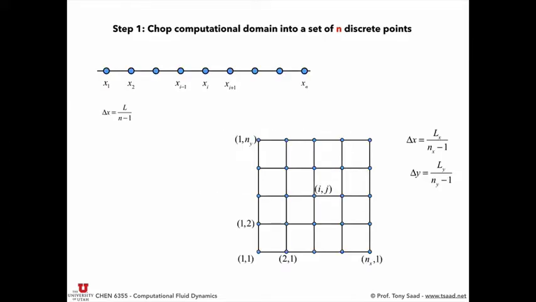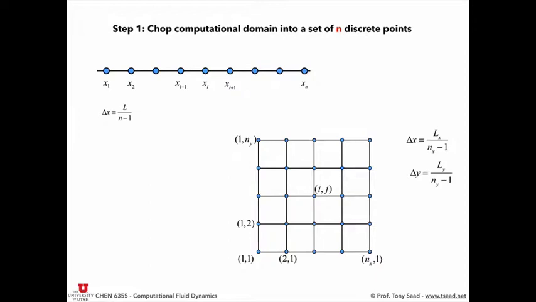The first step, now that you formulated the problem, you know your governing equations, boundary conditions, and domain size, and you know what finite difference method you want to apply, is to chop your computational domain into discrete points. We are trying to mimic the discrete values measured by experiment.